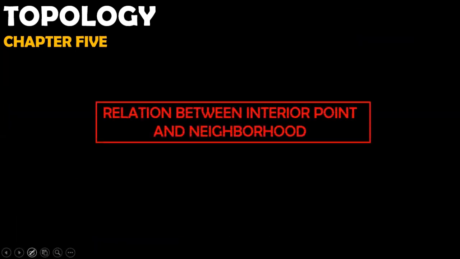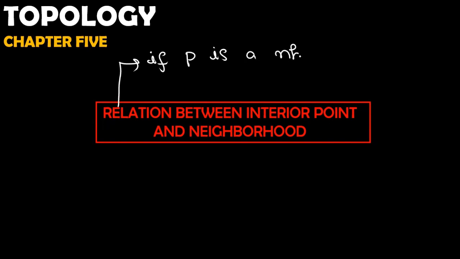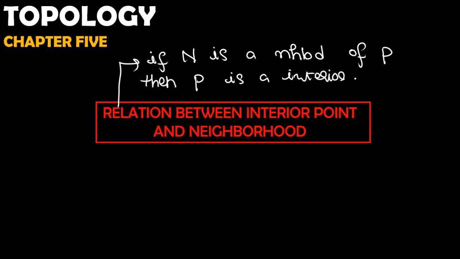Now our next topic is the relationship between interior point and neighborhood. As I explained in the first slide, I repeat the same thing. If N is a neighborhood of P, then the reverse of it means P is an interior point of N. It's a very, very important thing.